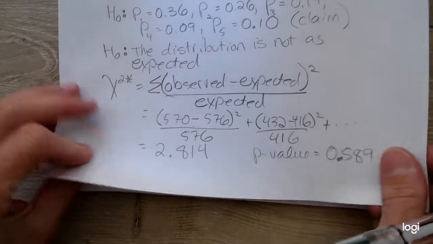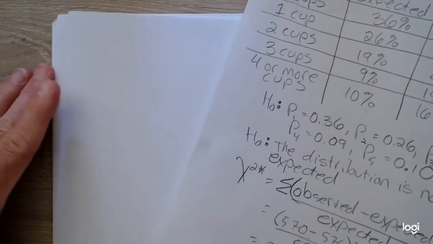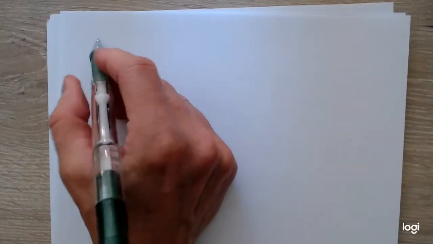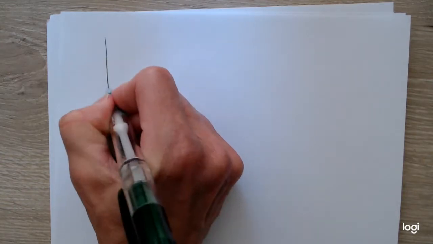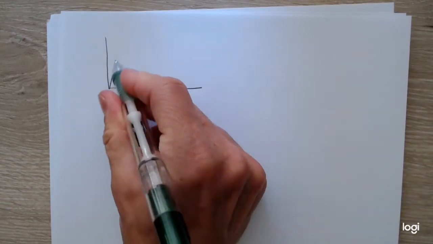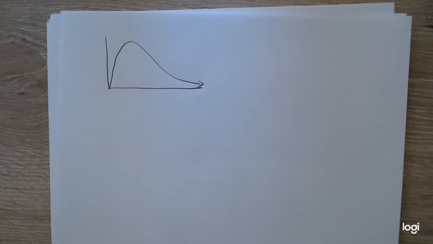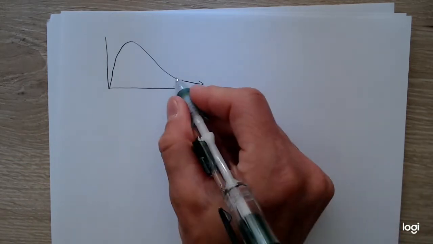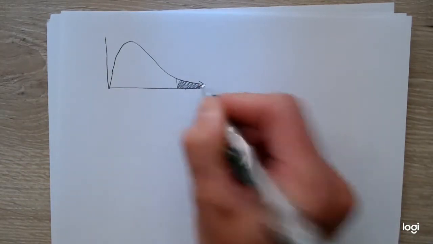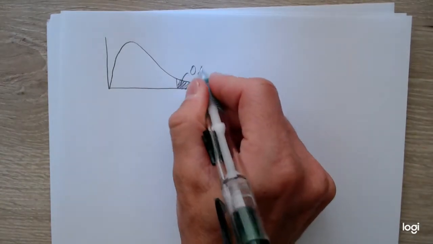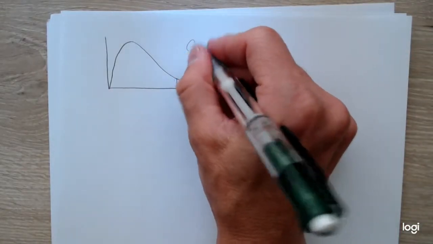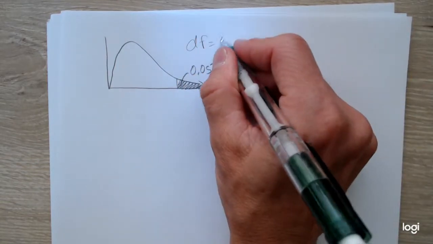But to use the critical value method, we want to find the critical value from the chi-square distribution. And this test is always an upper tail test, and the chi-square distribution is skewed right. It's a family of curves, and its exact shape, how skewed it's going to be, depends on the degrees of freedom. I have an upper tail of rejection, as this is always an upper tail test, 0.05 amount of area in that upper tail, and the degrees of freedom for this test is 4.